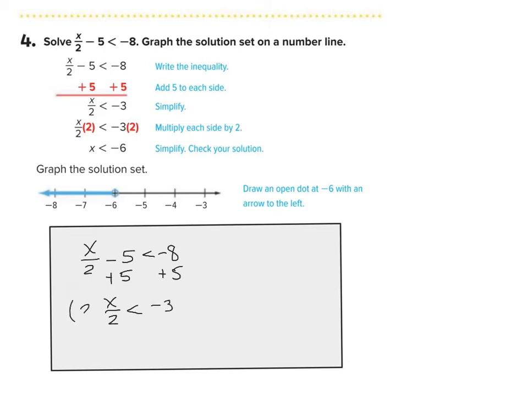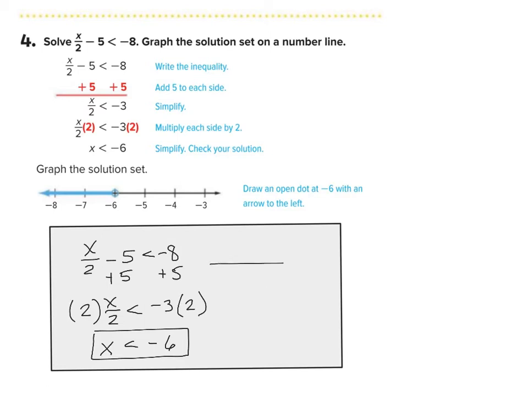I have to multiply by a positive 2 on both sides. Since I'm multiplying by a positive, I just leave the sign the same. 2 times x over 2 is just x, is less than negative 3 times 2, which is negative 6. So x is less than negative 6.